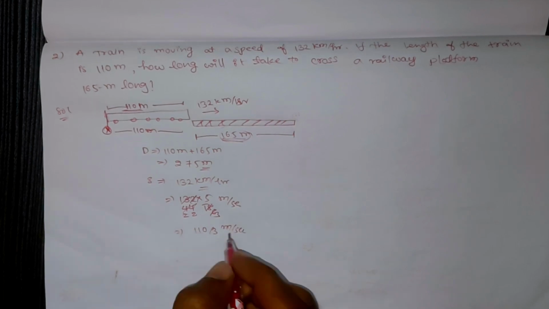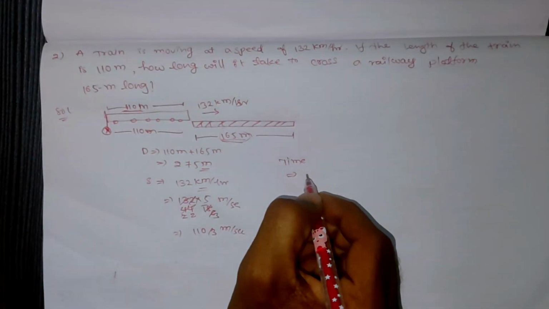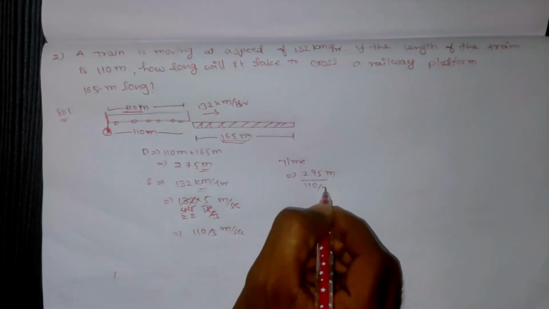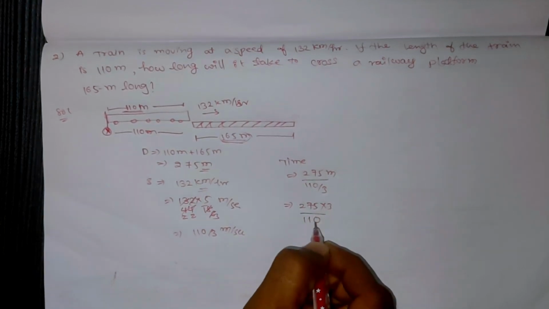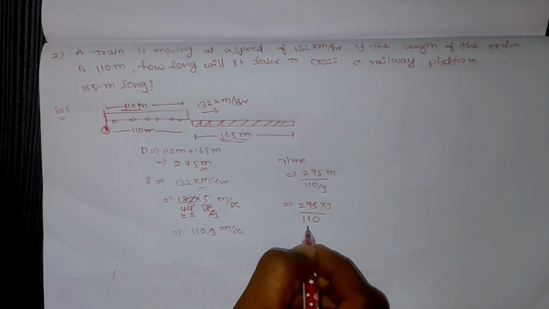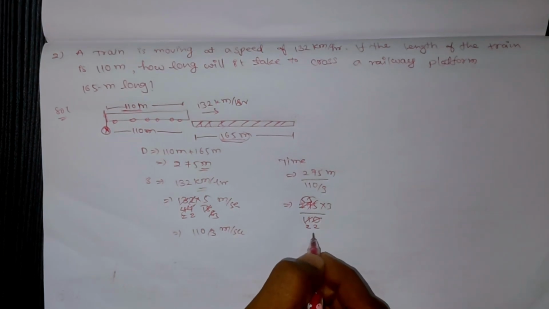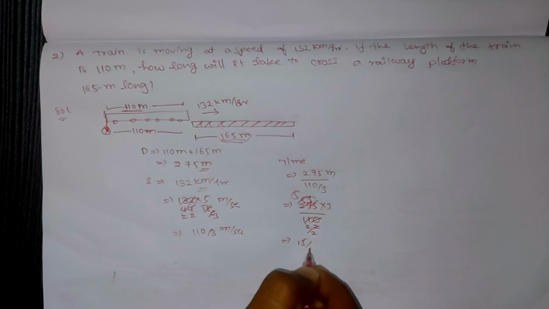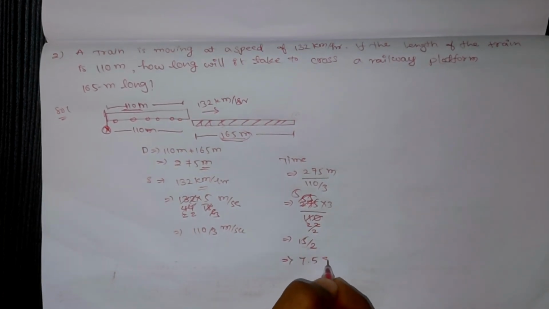This is our speed. So the time taken becomes distance 275 meters and the speed becomes 110 by 3. So that is nothing but 275 into 3 by 110. So the time is 7.5 seconds.